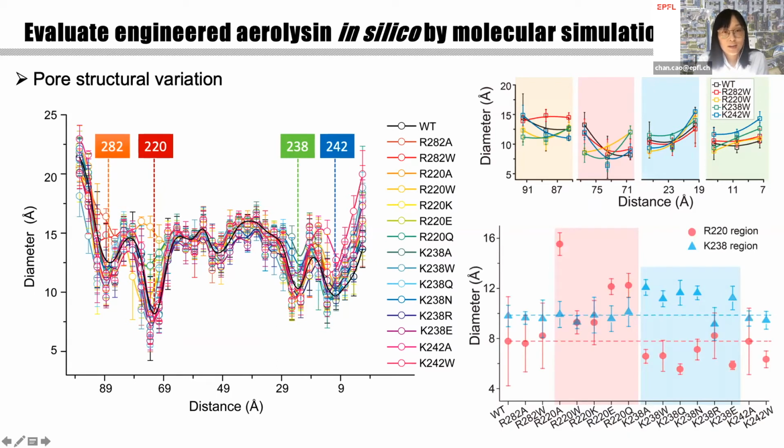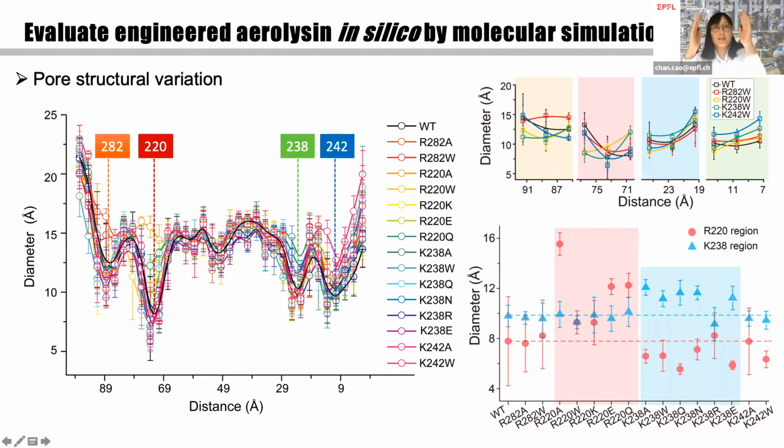And the other very interesting phenomenon we observed is here. I list the mutations on the bottom, y-axis. You can see the mutation at the bottom, K238A, makes the diameter of the top region, which is the red dot here, the 220 region, narrower than before.